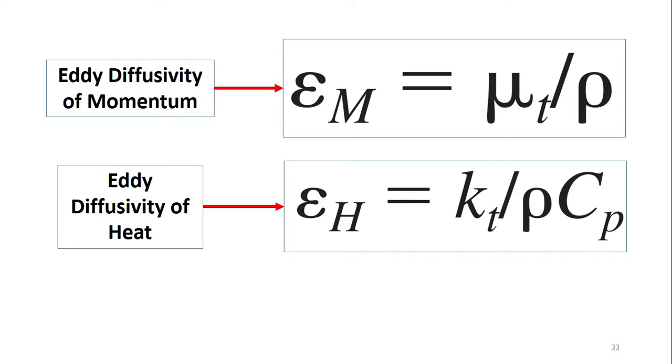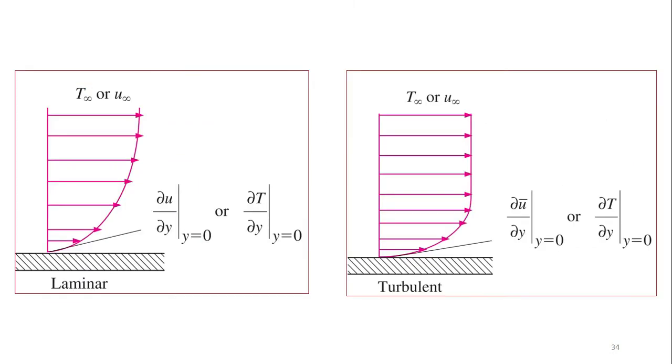The eddy motion loses its intensity close to the wall and diminishes or finishes at the wall because of the no slip condition. On similar grounds, we can say that the velocity and the temperature profiles are nearly uniform in the core region of a turbulent boundary layer, whereas they are very steep in the thin layer adjacent to the wall, resulting in a large velocity and temperature gradient at the wall surface.